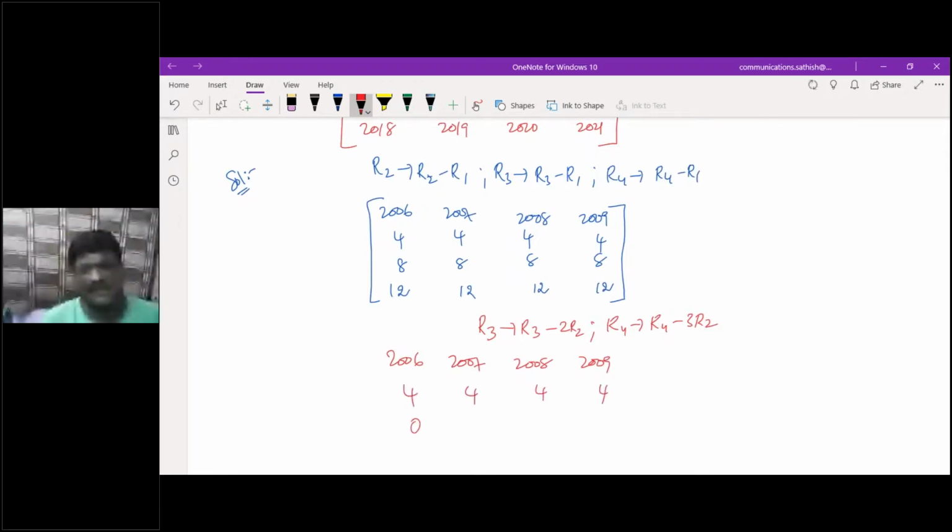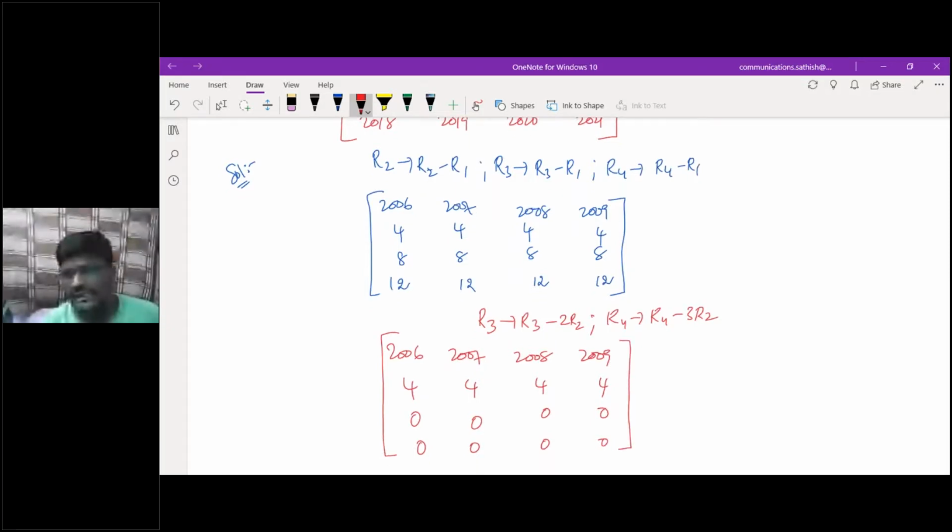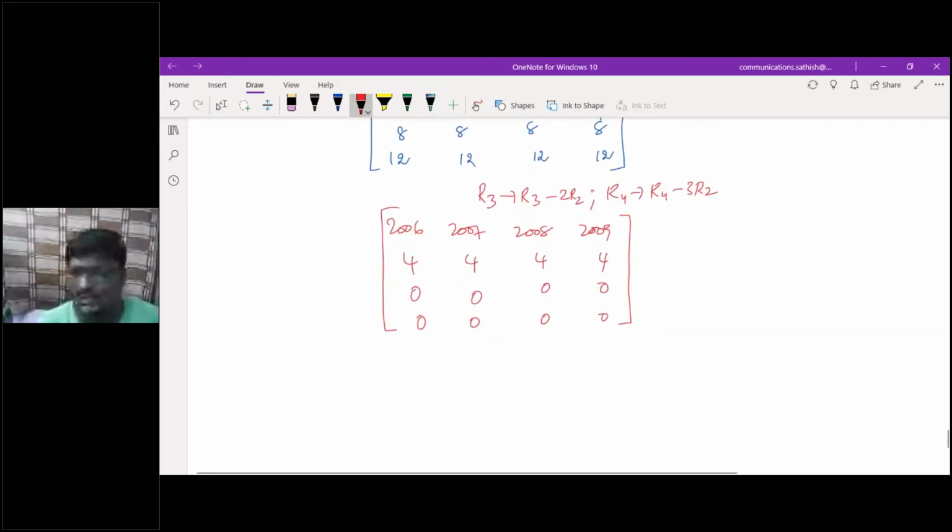The next becomes 8 minus 8, 8 minus 8, 8 minus 8, and 12 minus 12, 12 minus 12. So the last 2 rows will be 0 rows. Here itself I can conclude these 2 rows are 0 rows.